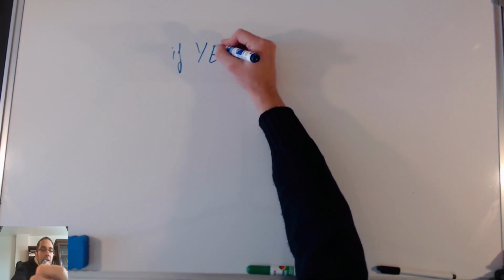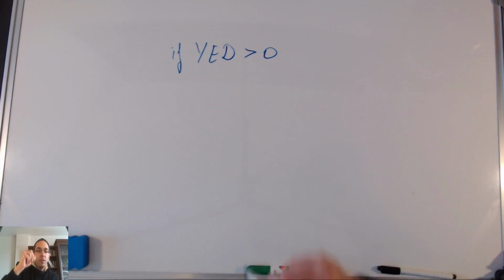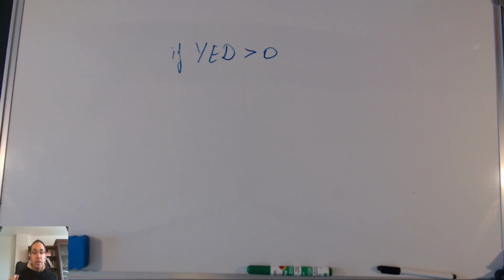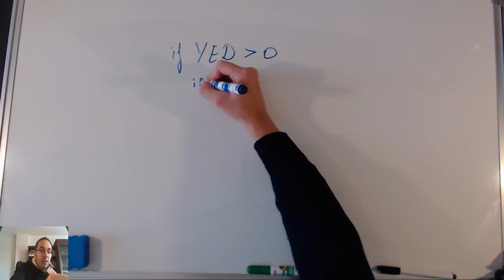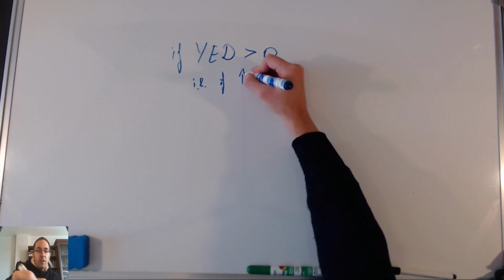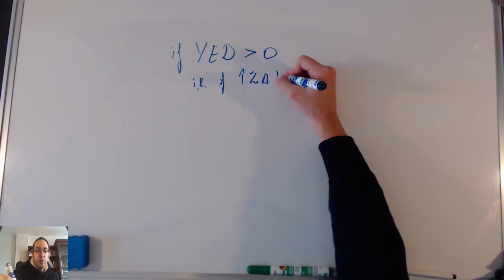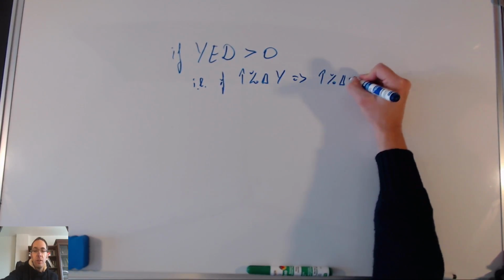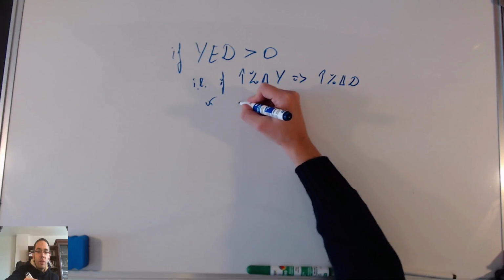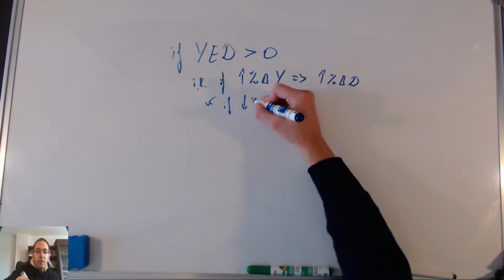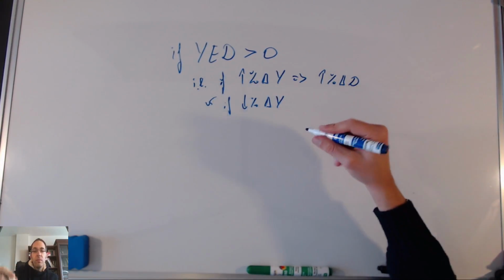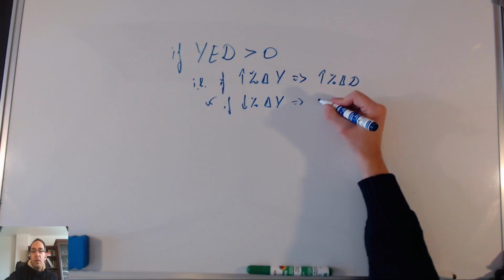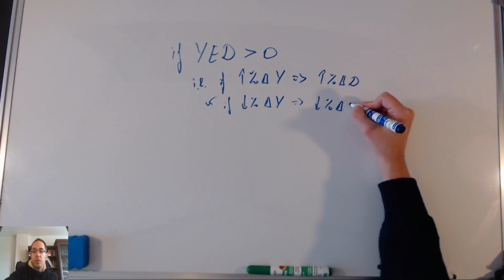If YED is greater than 0, this means that we have a positive relationship between the percentage change in income and the percentage change in demand. I.e., if we have an increase in the percentage change in income, this will lead to an increase in the percentage change in the demand. Or if we have a decline in the percentage change in income, then we'll have a decline in the percentage change in the demand.